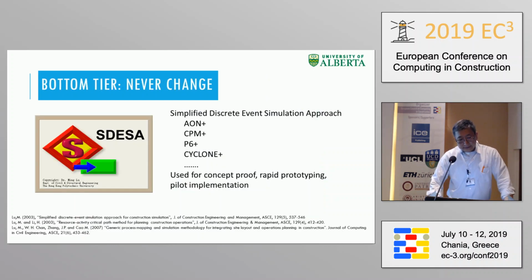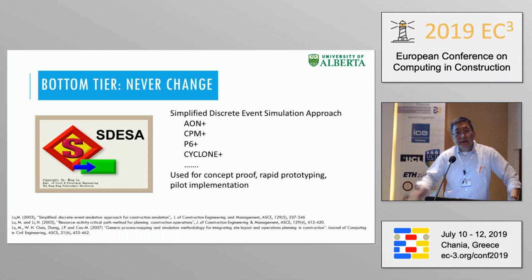Here at the bottom tier, we happen to use this simulation methodology and the computer simulation engine. For this thing, many of you are probably not yet very familiar with, okay? I will define this as an enhanced version of AON, enhanced CPM, or P6, or Cyclone, can put them all together.